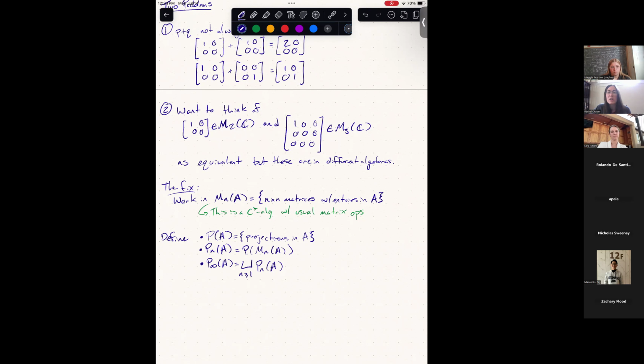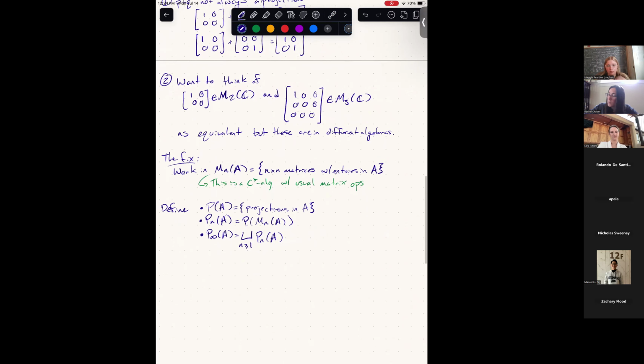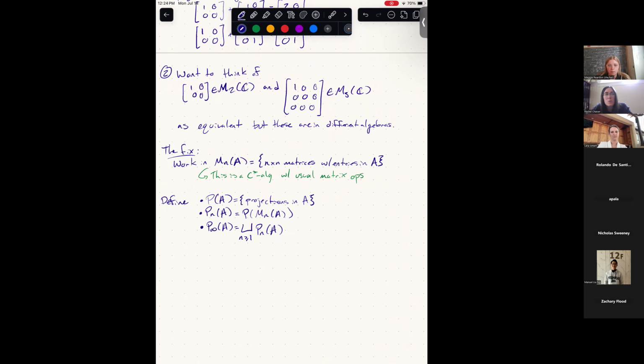So this is going to be projections in any matrix amplification of A. And once we move up to matrix amplifications, these two problems get fixed, but we need to redefine or tweak a little bit our Murray von Neumann equivalence to work in these matrix amplifications.